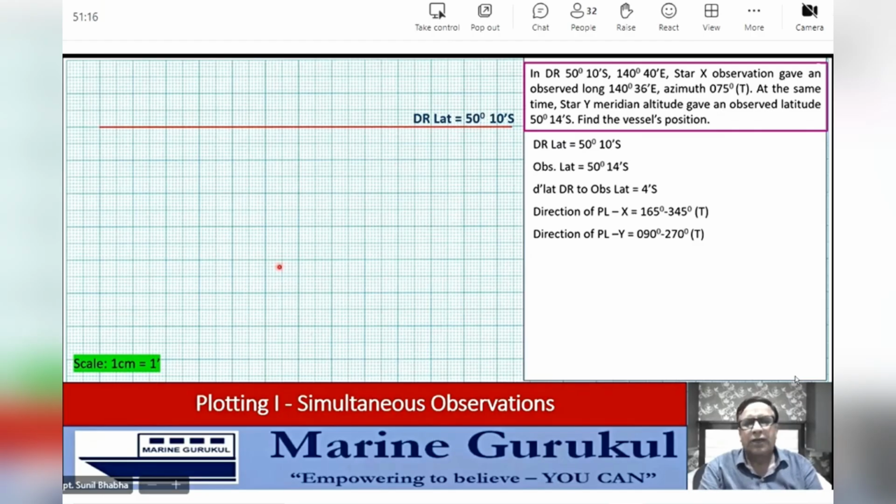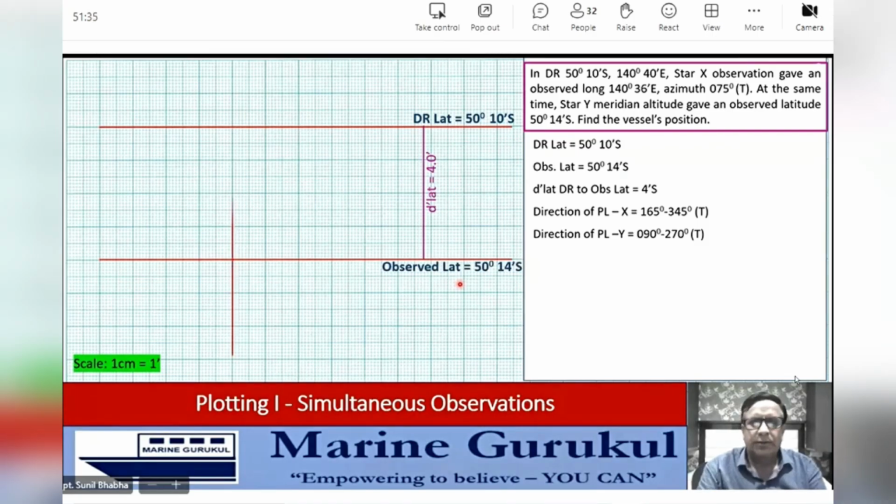So the observed lat has to be 4 minutes south of the DR. So we go 4 minutes south, D lat 4 minutes south, and we draw the observed parallel of latitude out here. Now, in this case, the meridian that we shall need would be the observed long. So we draw the observed long.